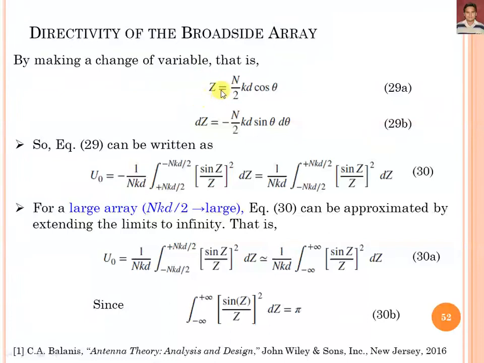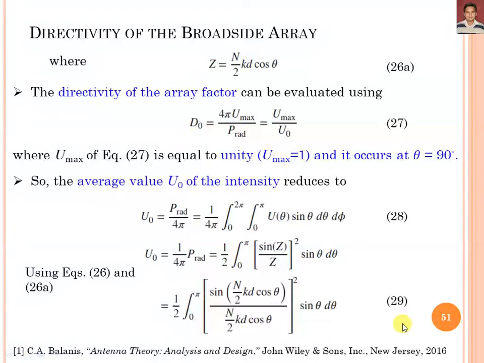In that case, we have to calculate dz, which means we differentiate this equation with respect to theta, and it is equal to minus N by 2 kd sin theta d theta.